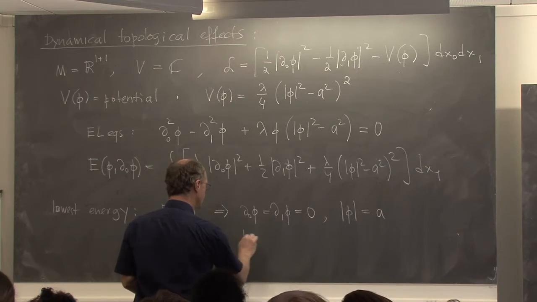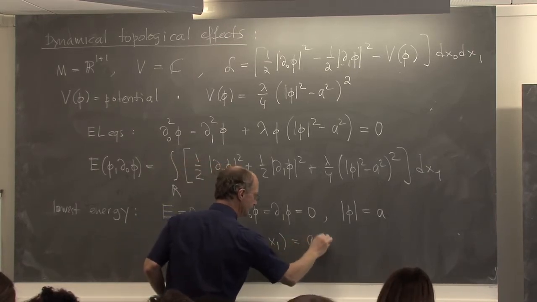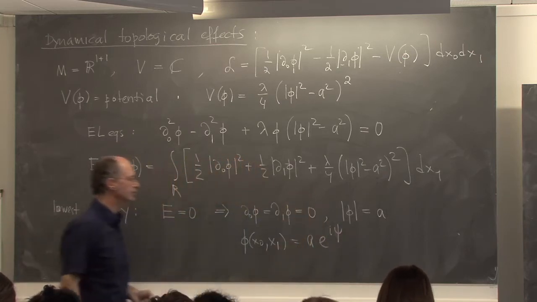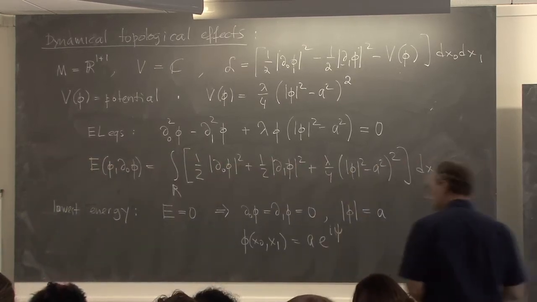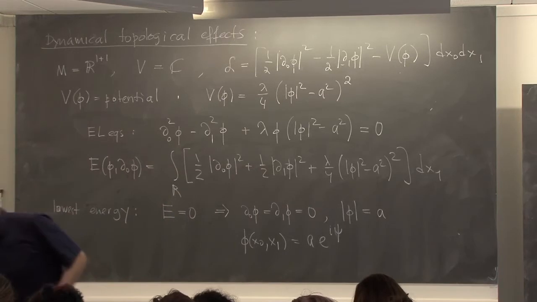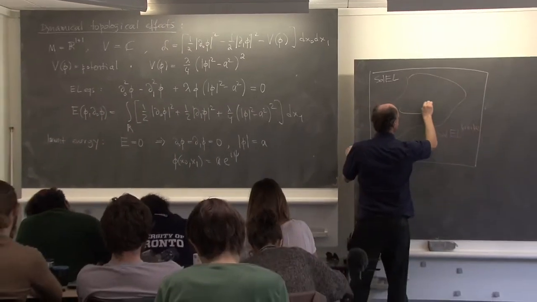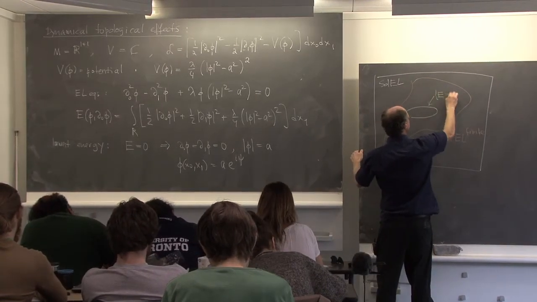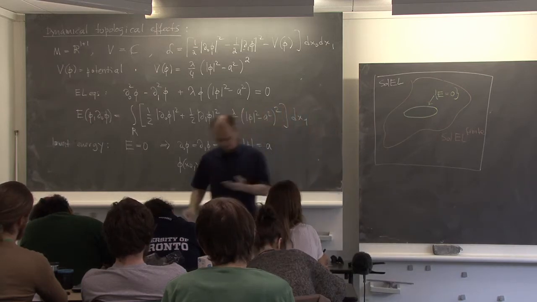So such solutions are constant solutions, and there is exactly a circle of those. So these are solutions with E equal to 0.